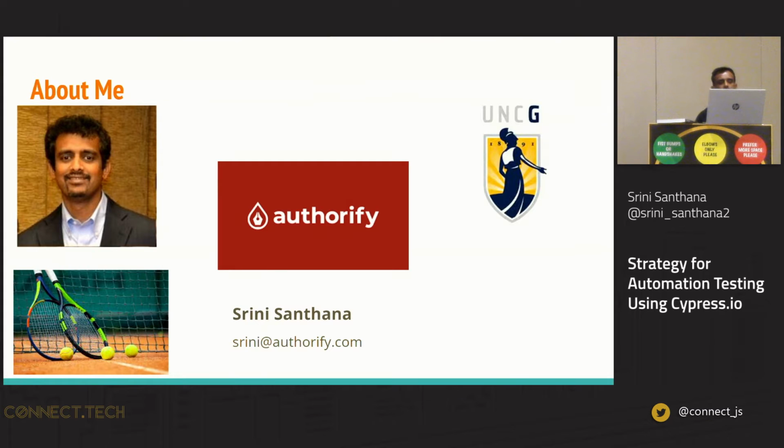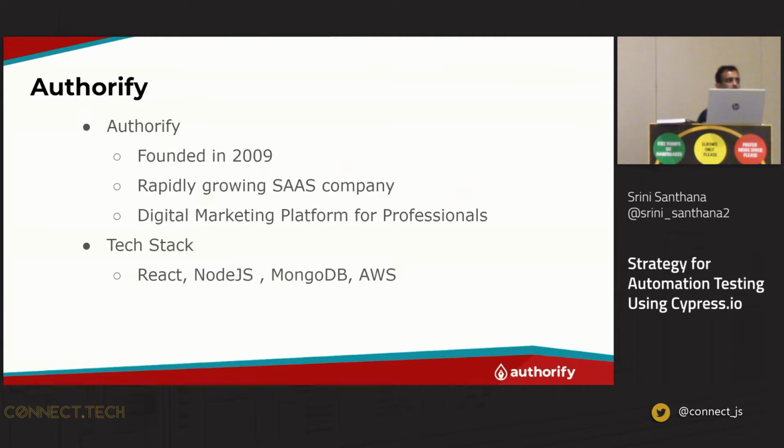Before we go, just about me, my name is Srini Santhana. I graduated from UNCG long back. I like to play a lot of tennis, and I work at Authorify, the company that I have been working with. It was founded in 2009 and is a rapidly growing SaaS company.